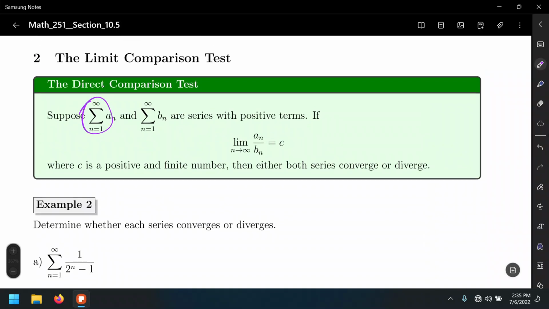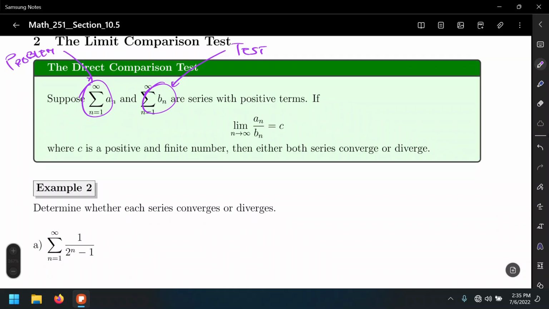Just like before, this is the problem series and this is the test series, the same way as in the direct comparison test.